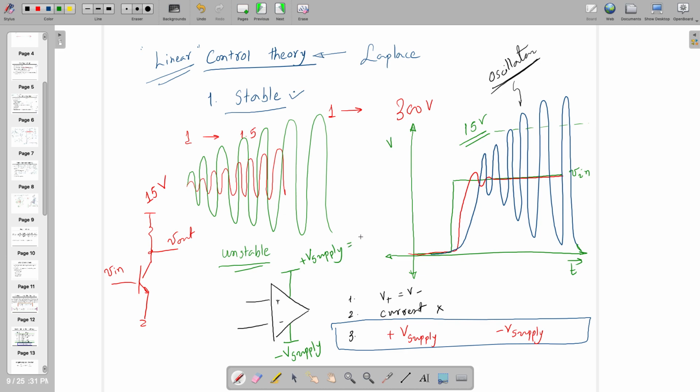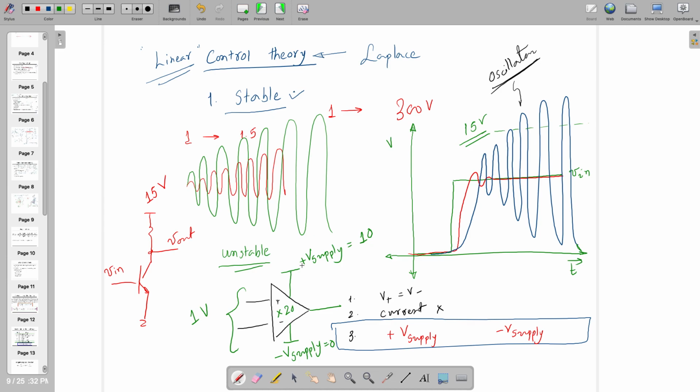Let's assume that this is 10 volt and this is 0, and at the input side I am giving 1 volt, and the gain of this circuit is around 20. So what do you think the output will be? 10, right? It cannot go to 20.